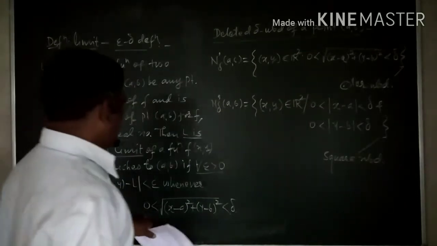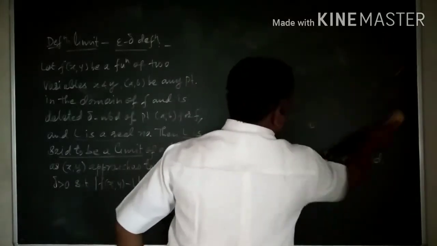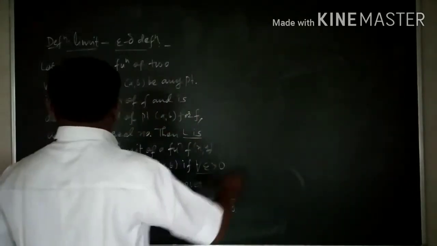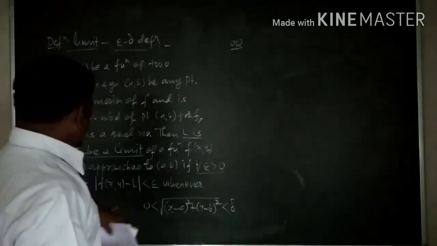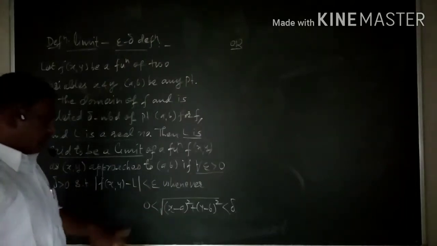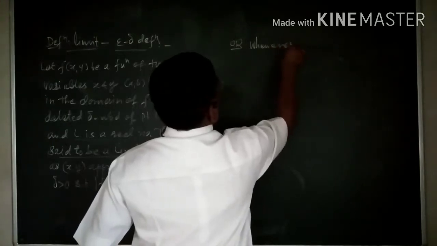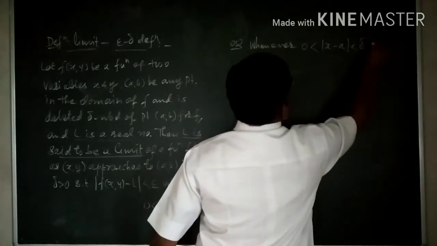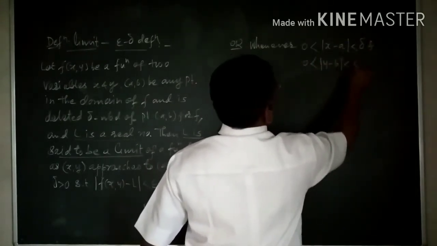Similarly, one can write the definition in this same way. The absolute value of f of x, y minus L is less than epsilon whenever 0 is less than the absolute value of x minus a, less than delta, and 0 is less than the absolute value of y minus b, less than delta.